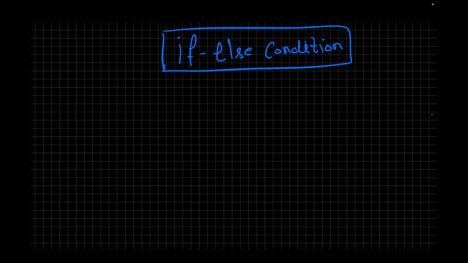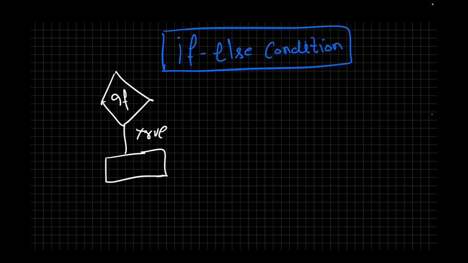For example, we had this decision. Let's say this is my if condition, and if this is true, then execute this. This was my special case, only the if condition, and then I have a normal flow here.